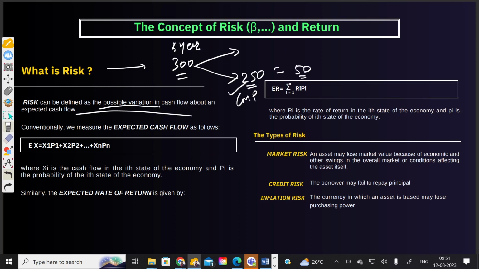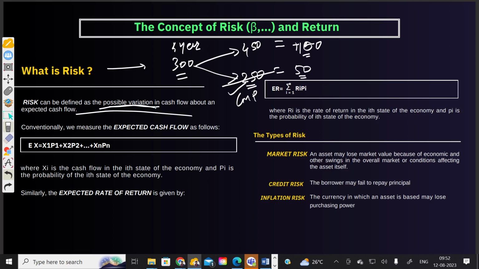What if instead of 250, the current market price is 450? In this case, you would see 150 rupees possible variation, or I would say a positive variation in the particular stock price. And the beta helps you to calculate the variations, whether they are positive variations or negative variations.